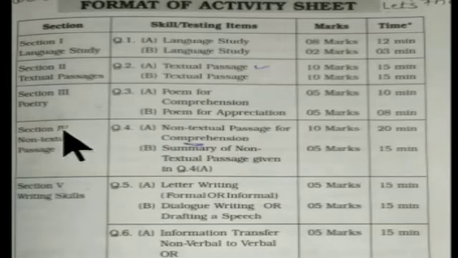In this way, section number 4, non-textual passages, has a marking system of 10 and 5, meaning total 15, and you have to attempt this whole question in 35 minutes.